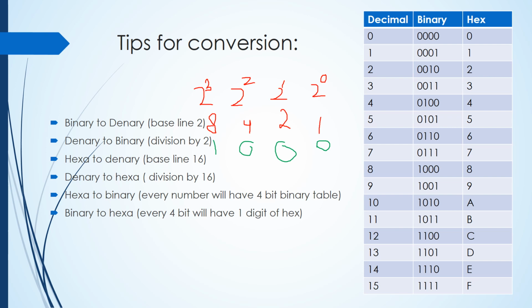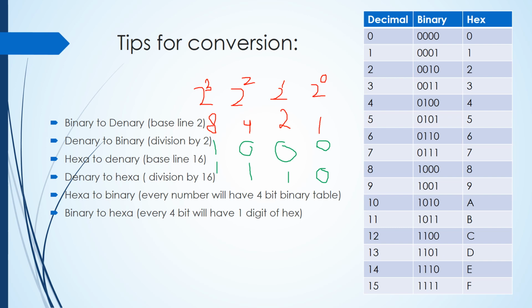We can make 14 by adding 8, 4 and 2, using these bits on. So 1, 1, 1 and this needs to be 0. So this is 14's binary. In this way we can make binaries.